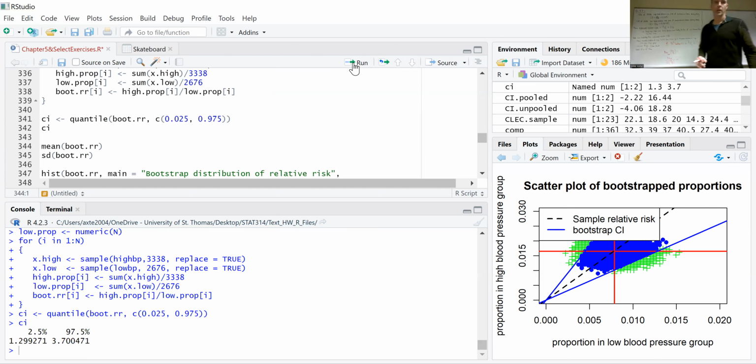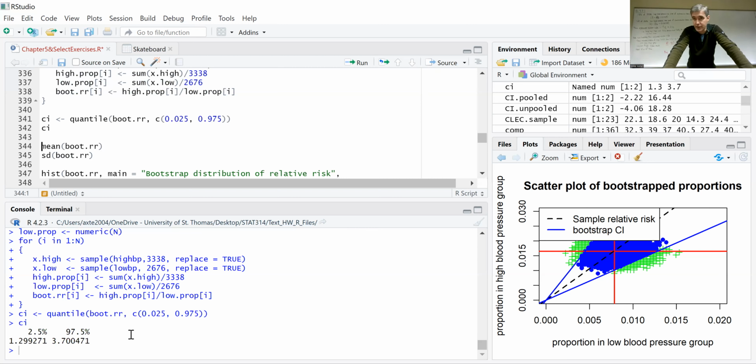You should probably record that too in your notes. So that means 95% of the time, high blood pressure men are between 1.3 and 3.7 times more likely to die of cardiovascular disease than low blood pressure men.